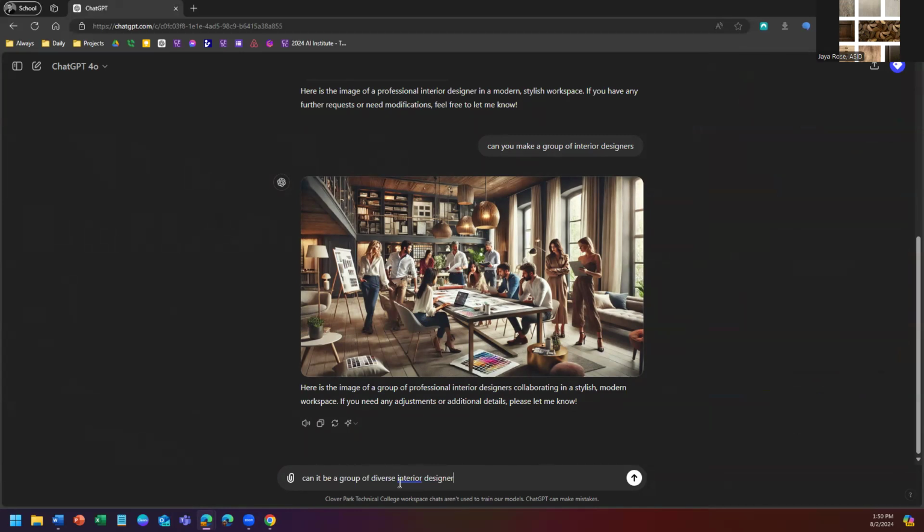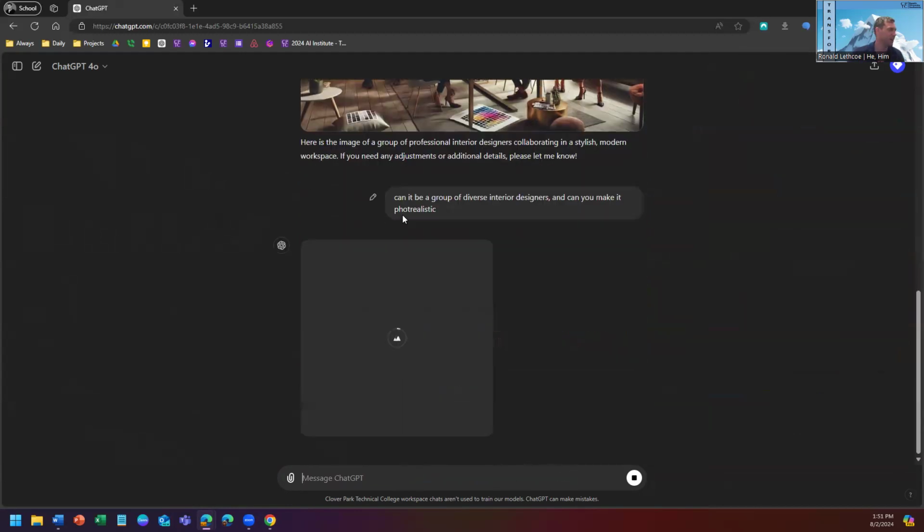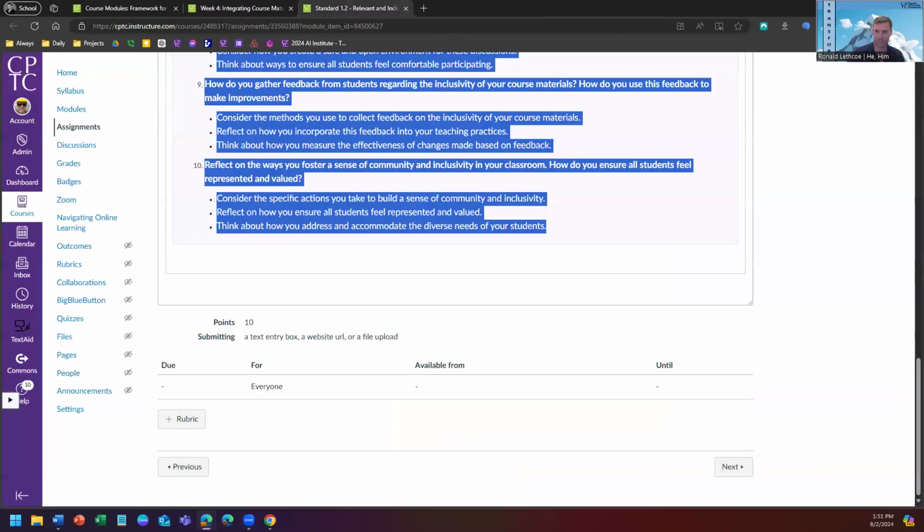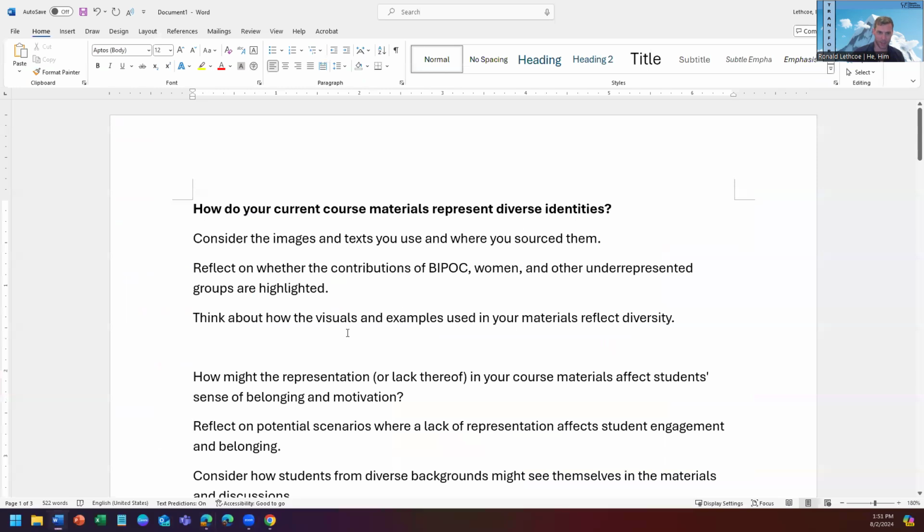By the way, that's a lot of interior designers. I'm going to try to make it photorealistic. I should have changed the team to a team of diverse designers. Don't worry about it.